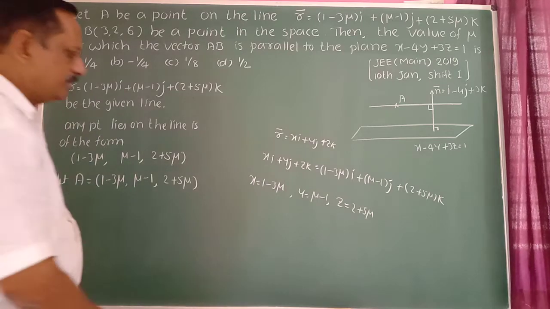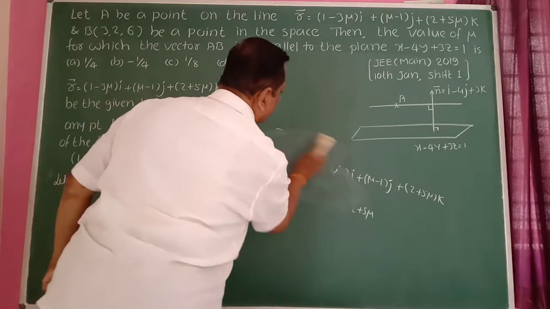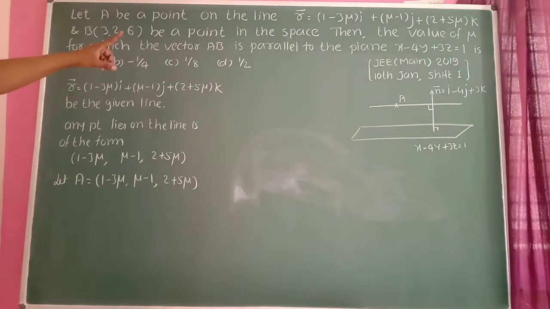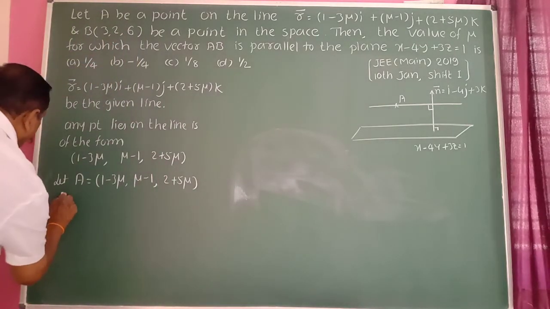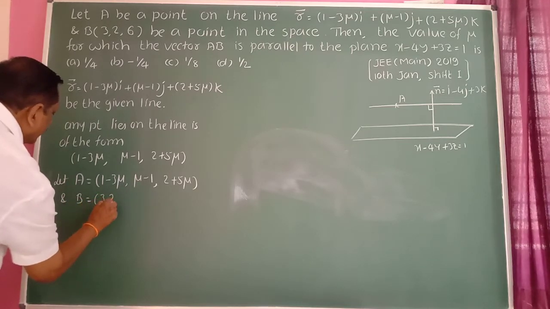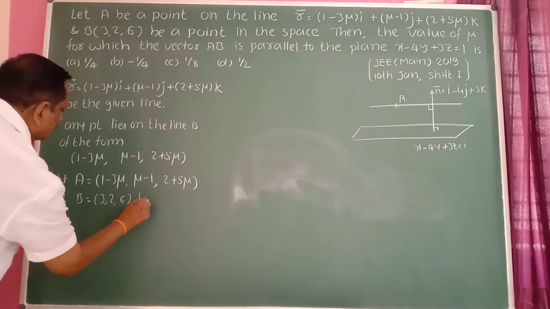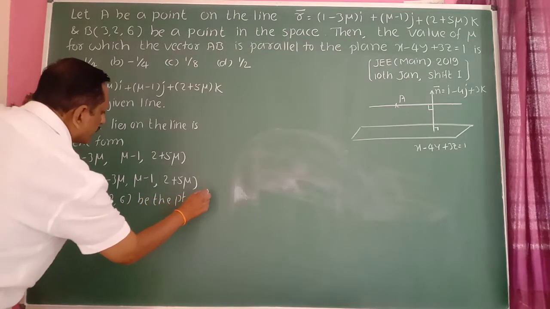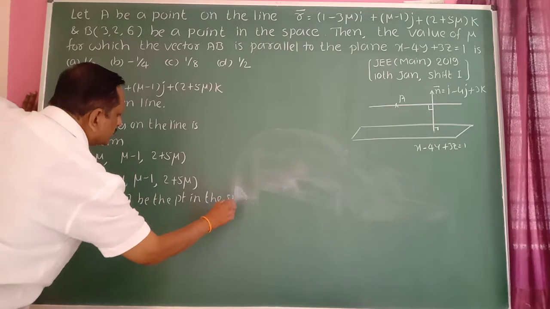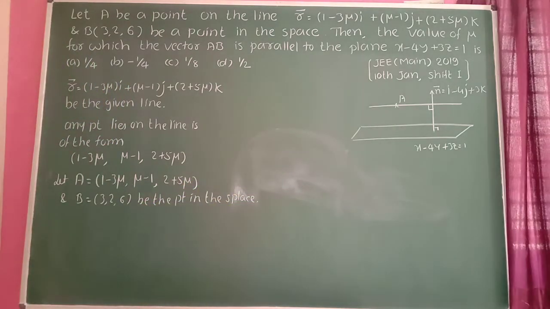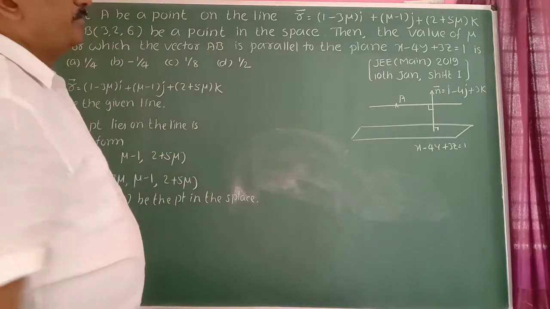And B is already given: B = (3, 2, 6) be the point in the space. Here the vector AB is parallel to the plane.